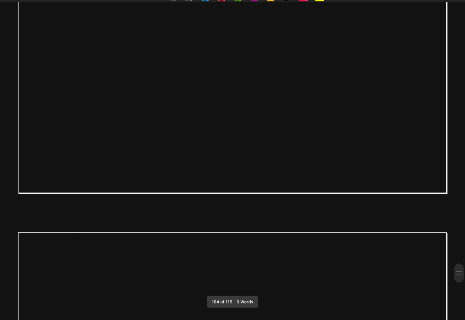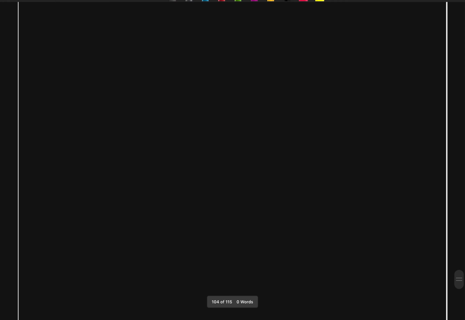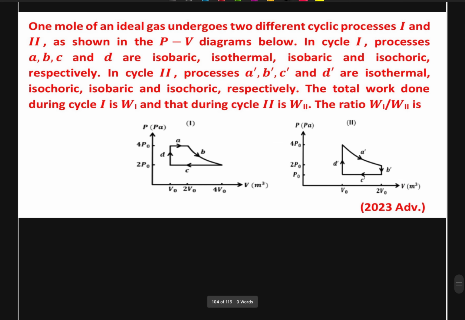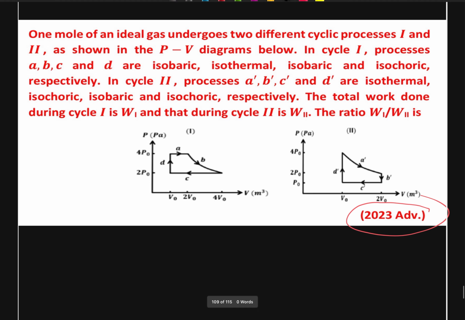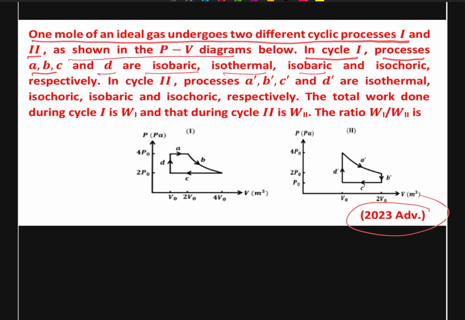Next question. It was also asked in the 2023 Advanced, and states that 1 mole of ideal gas undergoes two different cyclic processes 1 and 2 as shown in the PV diagram. In cycle 1, processes A, B, C, D are isobaric, isothermal, isobaric, and isochoric respectively.